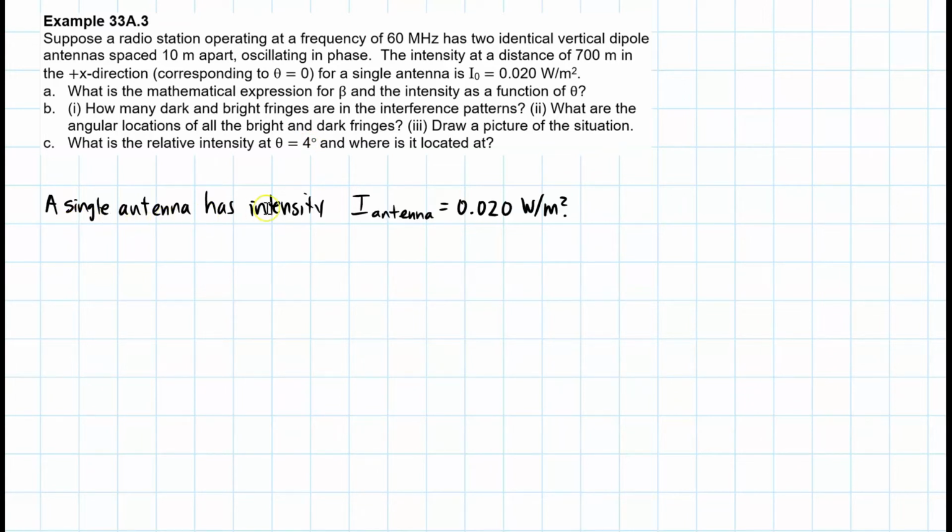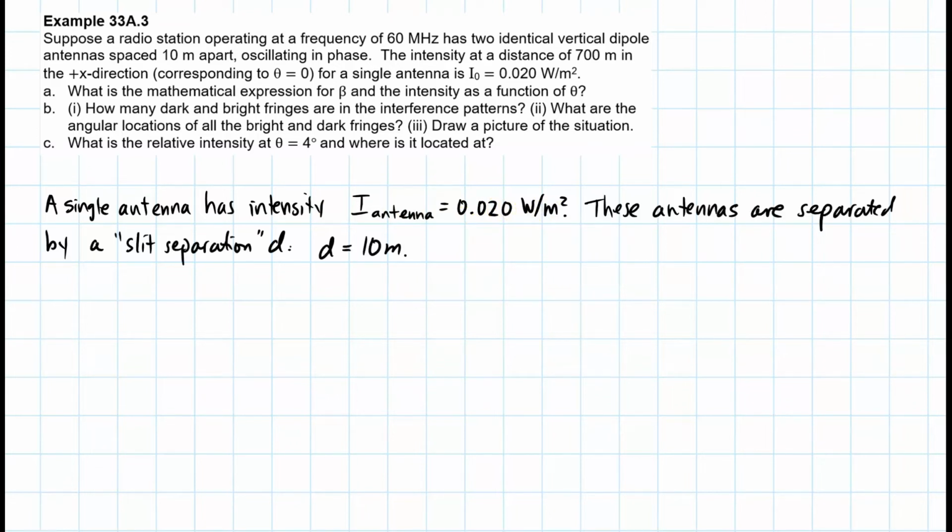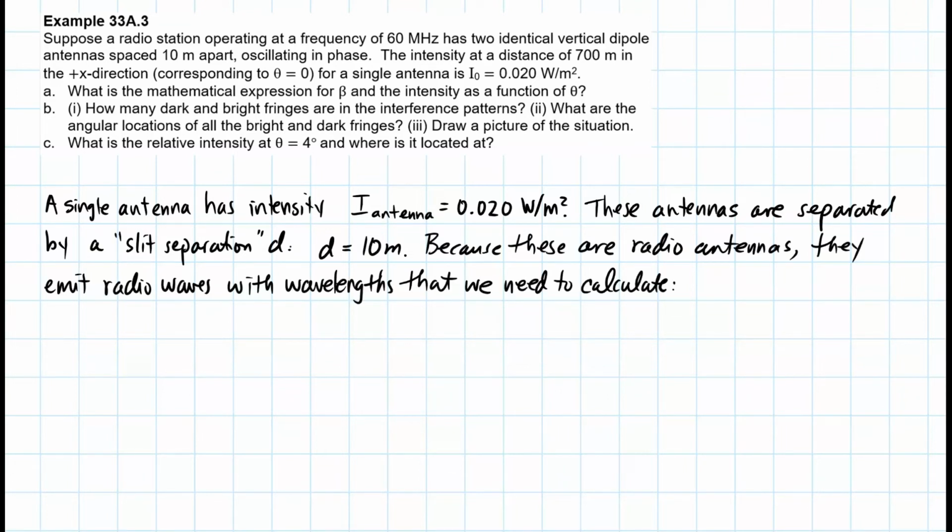A single antenna has intensity of 0.02 watts per meter squared. These antennas are separated by a slit separation, little d, which is 10 meters. Because these are radio antennas, they emit radio waves with wavelengths that we need to calculate.